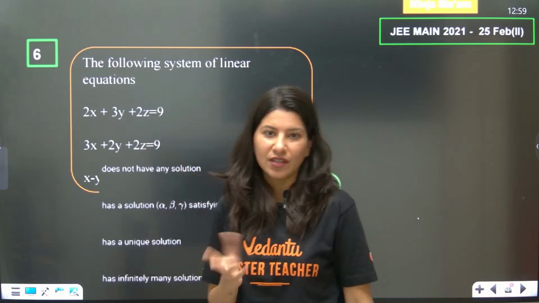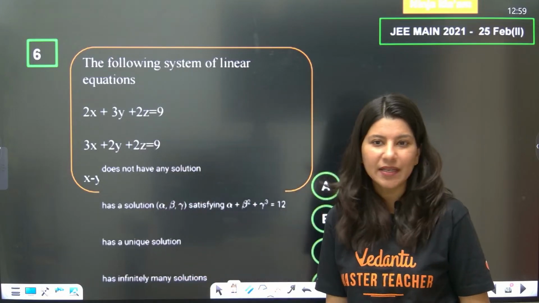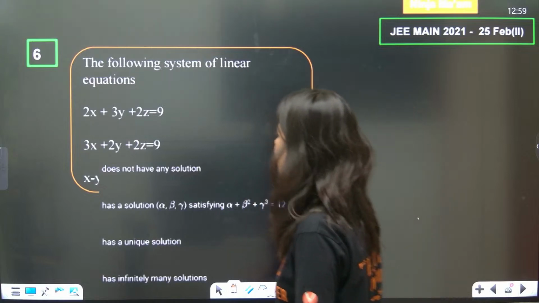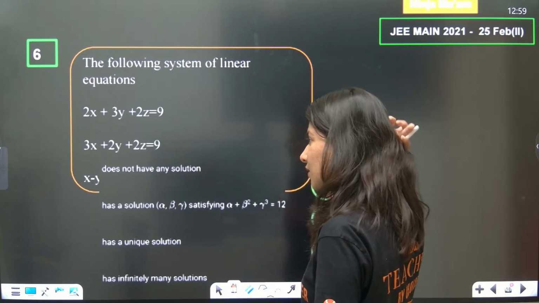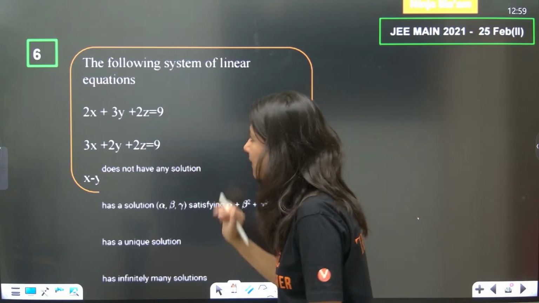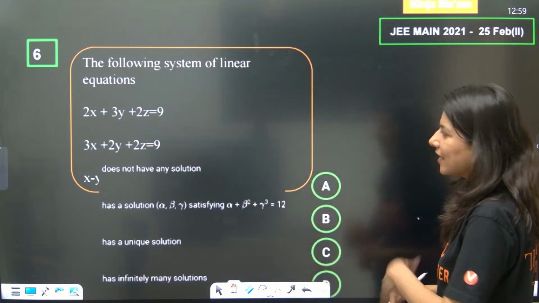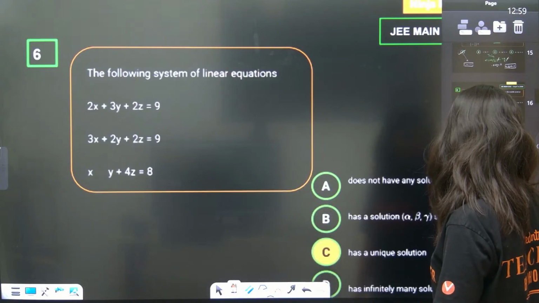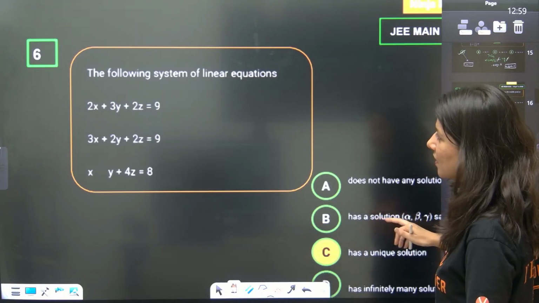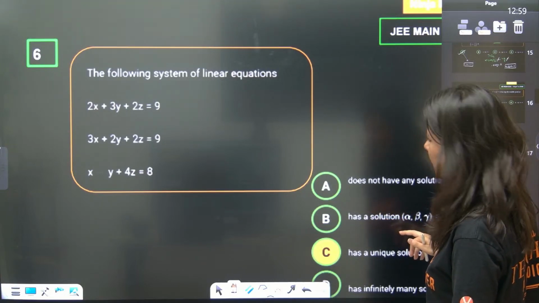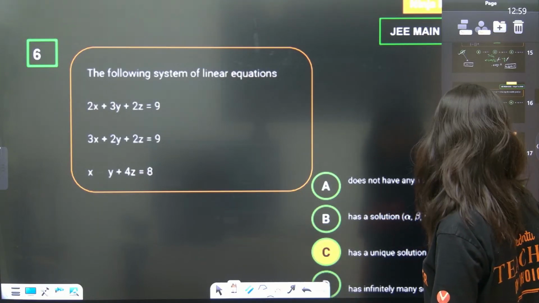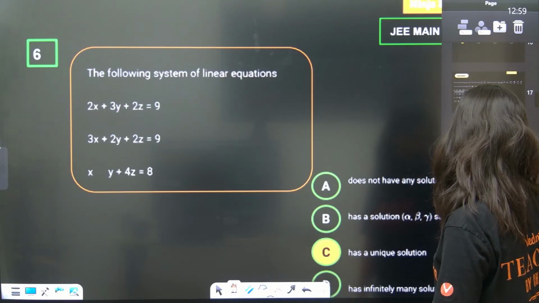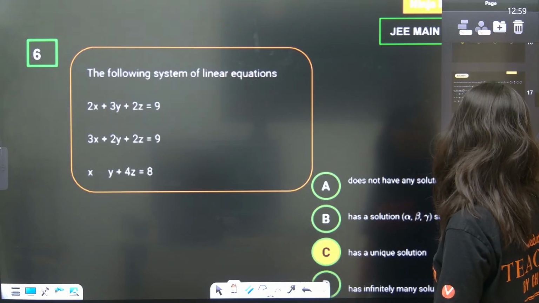Okay, a system of linear equations is given to you, and as per the question, these are the equations.